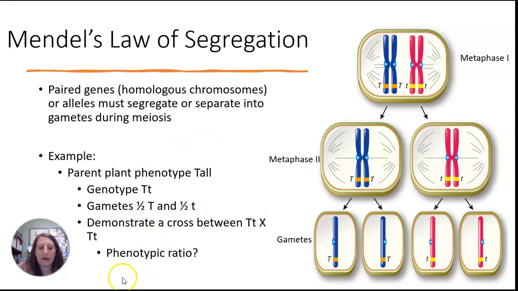And you should find that the ratio in the end is 3-to-1, 3-to-1 tall to short. We will be getting a lot of practice doing Punnett squares in both lecture and lab. And so that concludes the second part of the chapter.